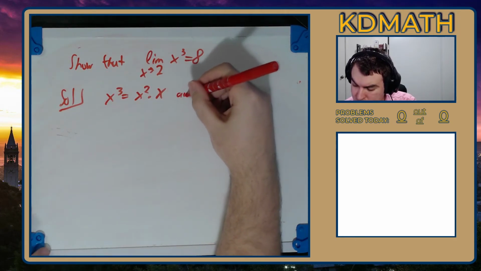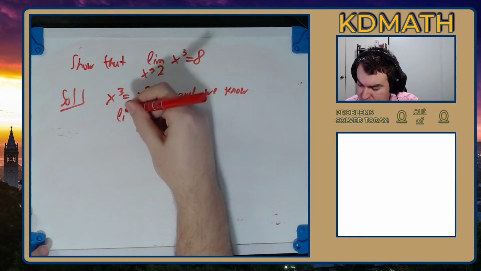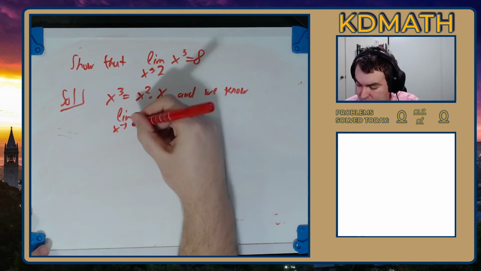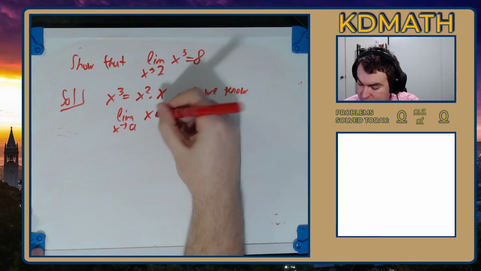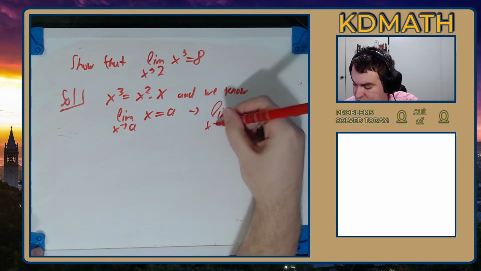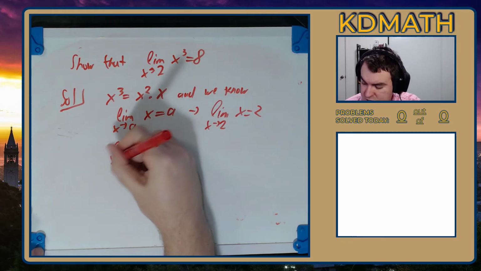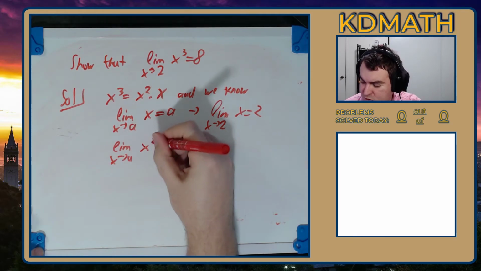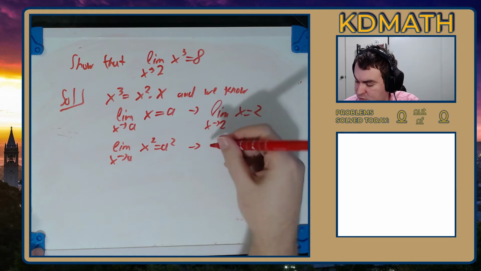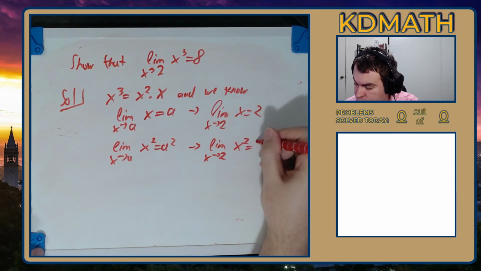And we know the limit as x goes to a of x equals a, so the limit as x goes to 2 of x equals 2, and the limit as x goes to a of x squared equals a squared, so the limit as x goes to 2 of x squared equals 4.